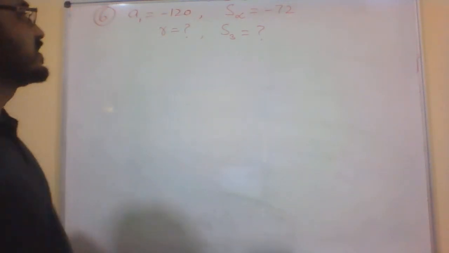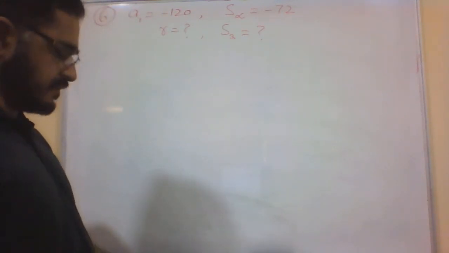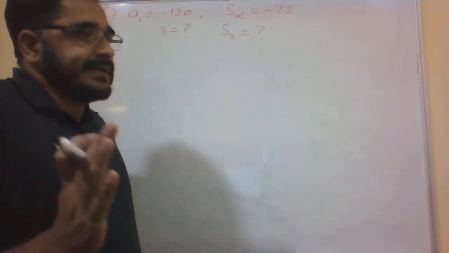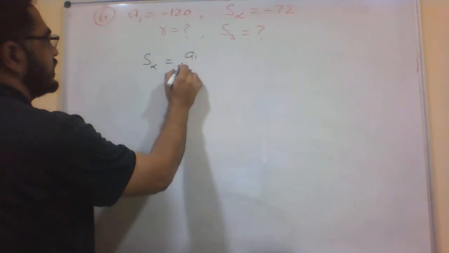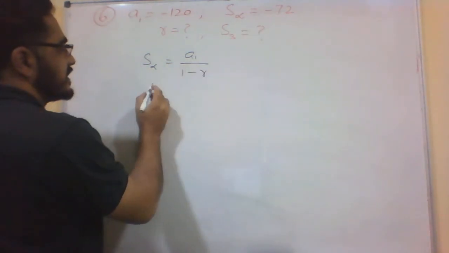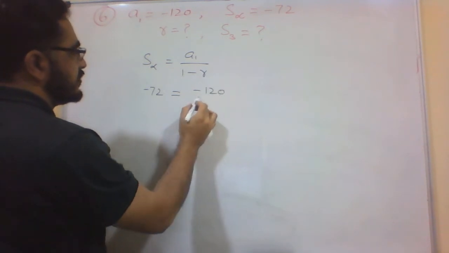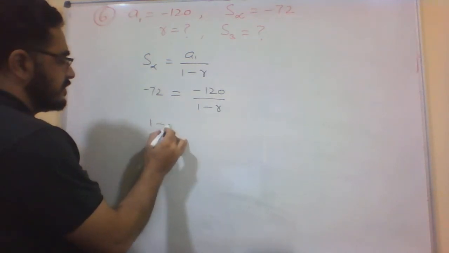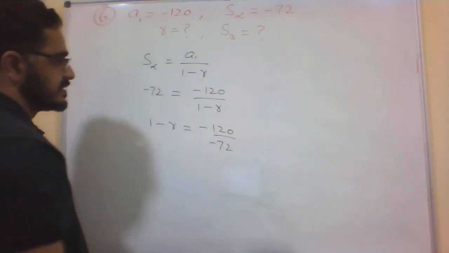As the first term and sum to infinity are given, first of all we will apply the formula for sum to infinity. S infinity will be a1 divided by 1 minus r. This is the formula. S infinity is given here, minus 72. A1 is also given here, minus 120 divided by 1 minus r. Now cross multiply: 1 minus r will be minus 120 divided by minus 72.